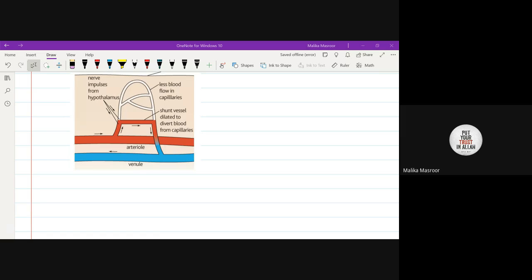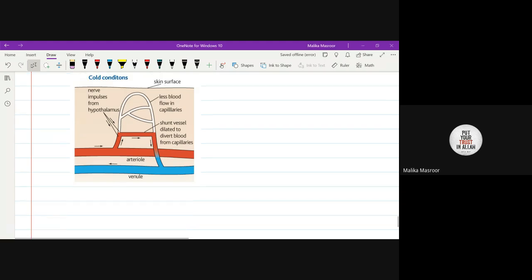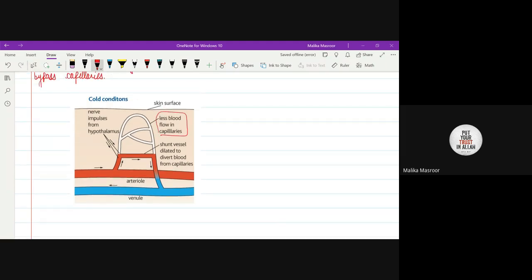We are just trying to prevent heat loss from blood. We said less blood flow in capillaries. Okay, is this clear? Clear, thank you. No problem.